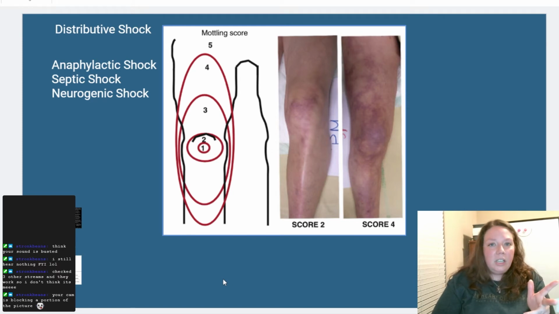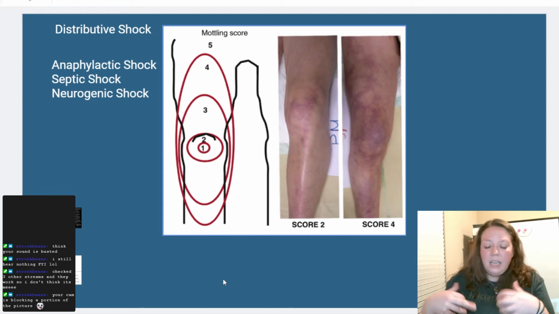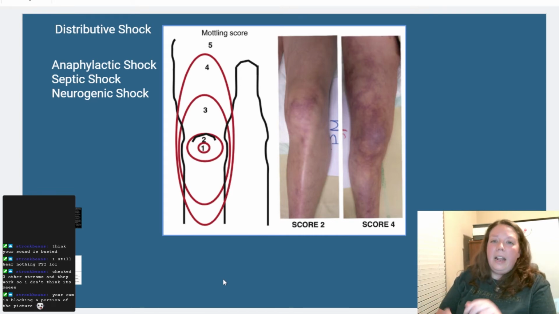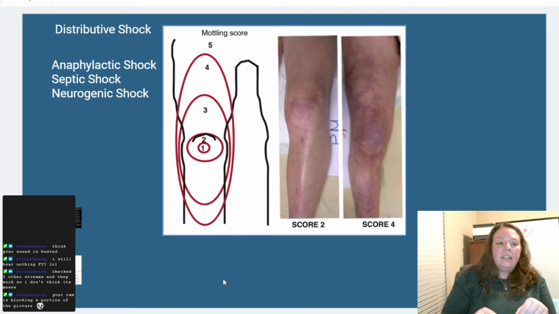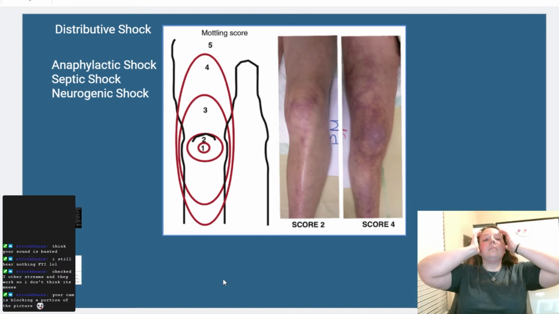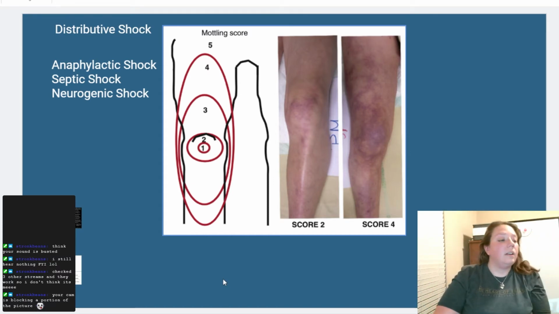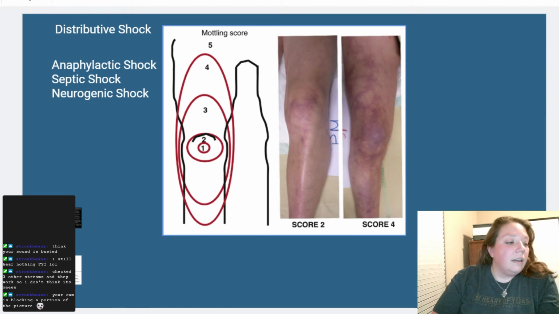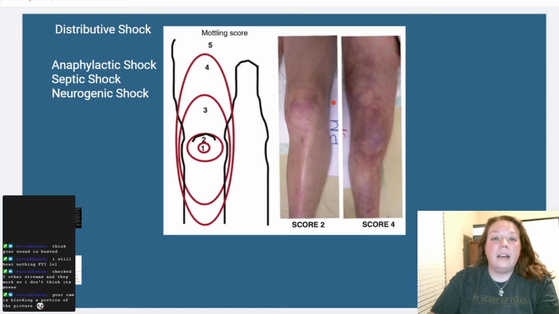So what is septic shock? Well, that's when we have bacteria in our bloodstream, and the toxins from the bacteria cause a reaction in our blood vessels and cause them to dilate. This is right here, mottling of the skin. Don't worry about scores and whatnot. I don't think I've ever, as a nurse, scored mottling.